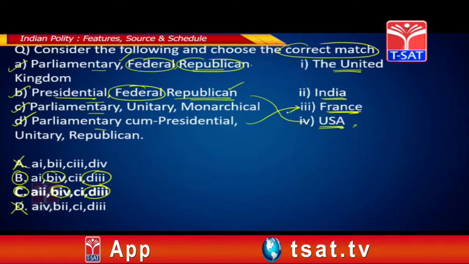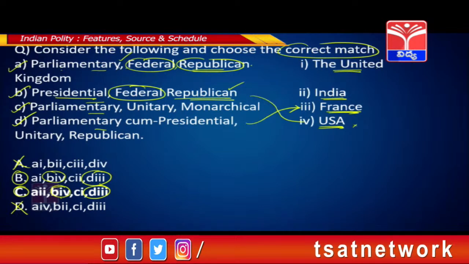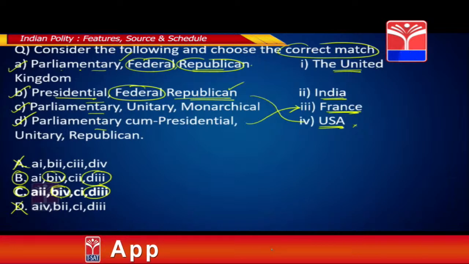Now what we are left with is UK and India. And we have two options, that is parliamentary, federal, republic. If you look at parliamentary, India has a parliamentary form, federation as well as republic. India is not a monarch.